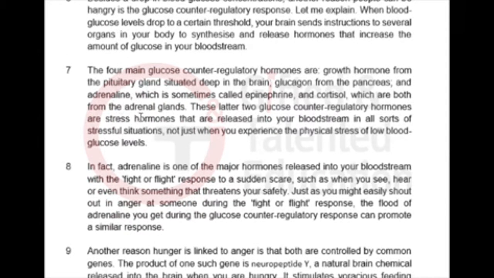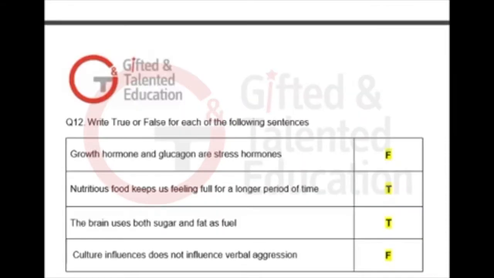Remember in paragraph 7, growth hormones are presented here as well as glucagon. And are these stress hormones? No, they are not. The stress hormones are adrenaline and cortisol. So therefore, growth hormones and glucagon are not stress hormones. Therefore, false.